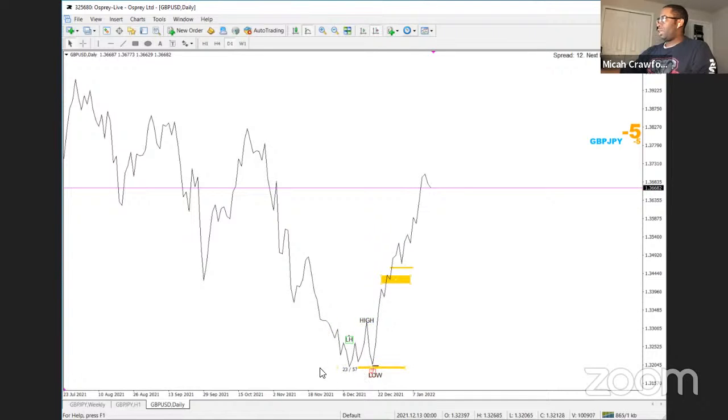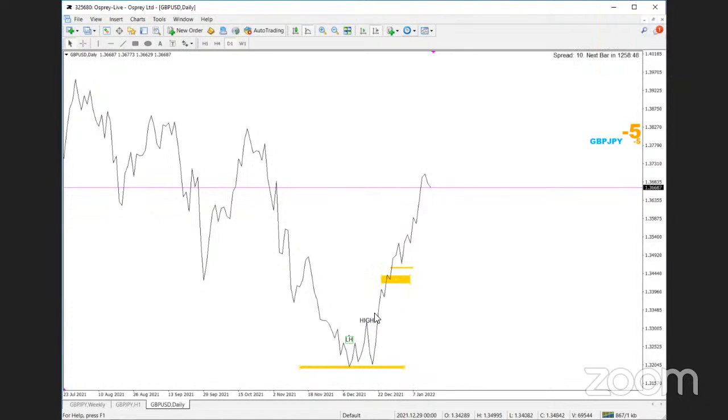What do we see down here? Somebody said double bottom. Somebody said triple bottom. What about you guys on Zoom? What do you all see?